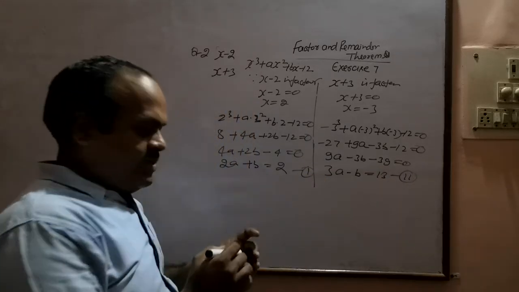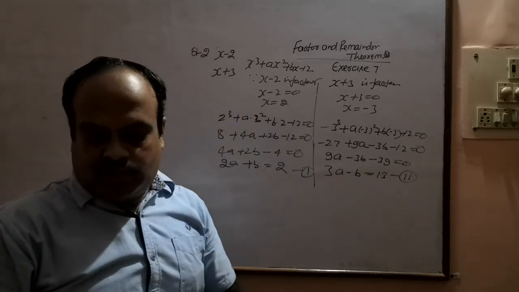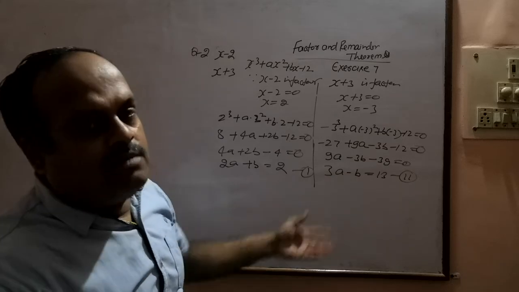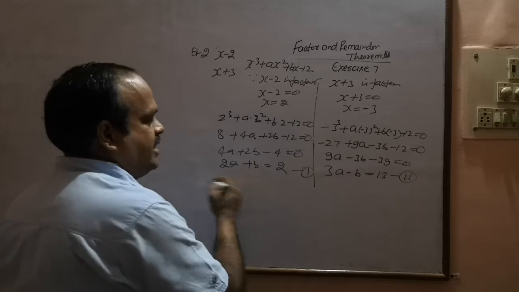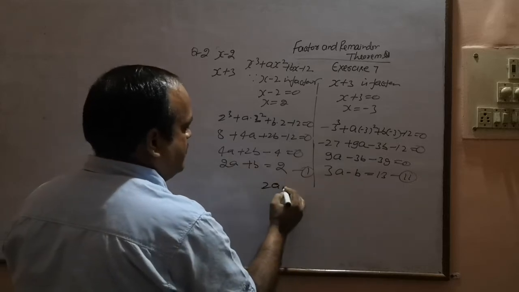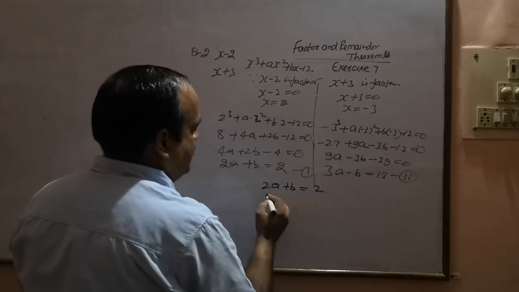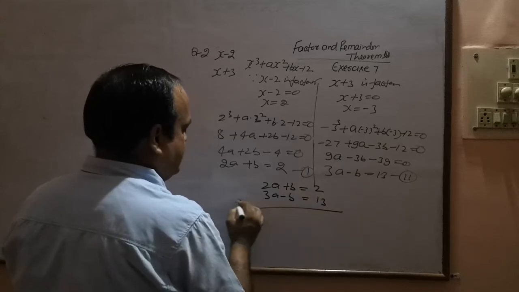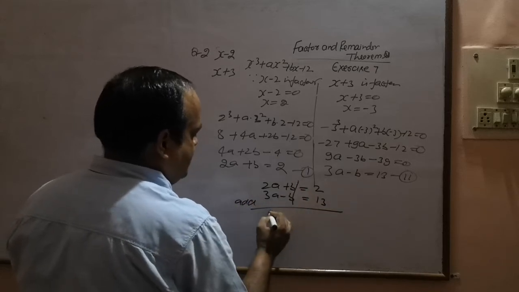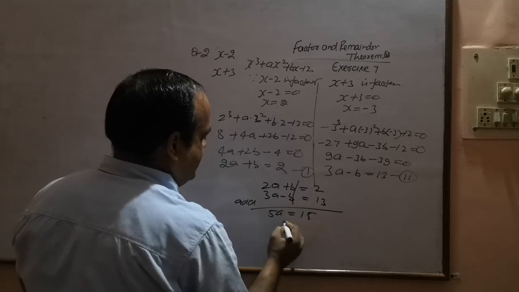So we have got two equations in a and b. We will solve these two equations as we solve linear simultaneous equations in two variables. Let us write them together. 2a plus b equals 2, 3a minus b equals 13. Add them. 5a equals 15.